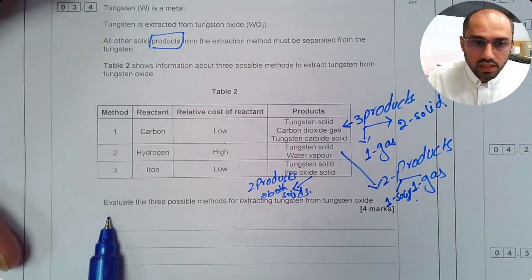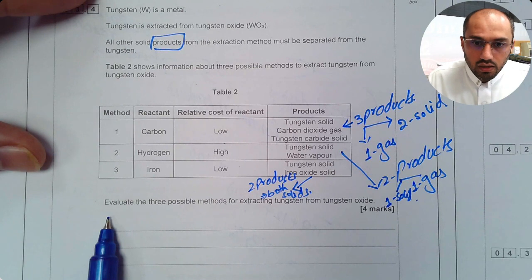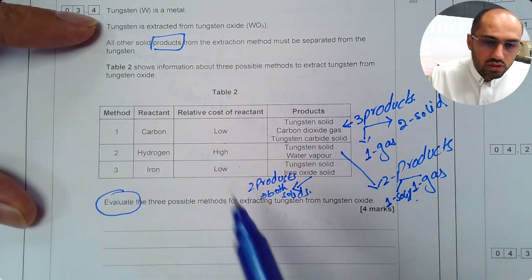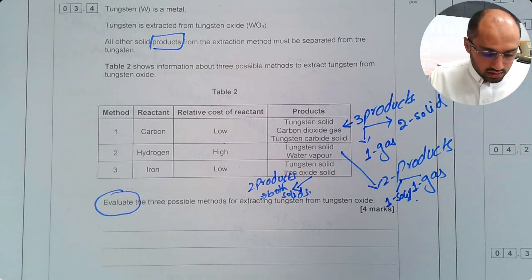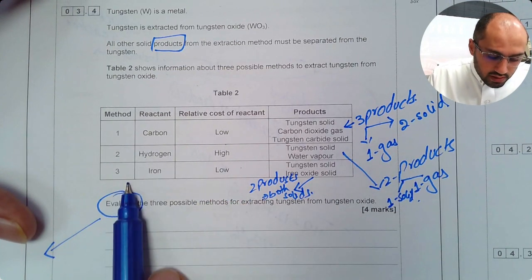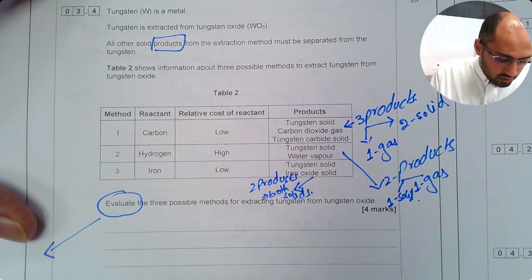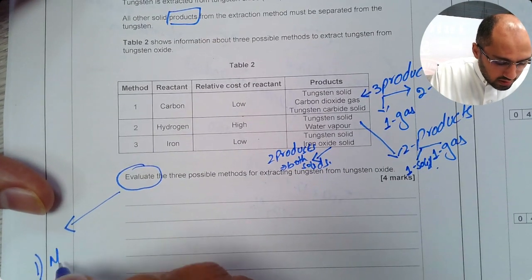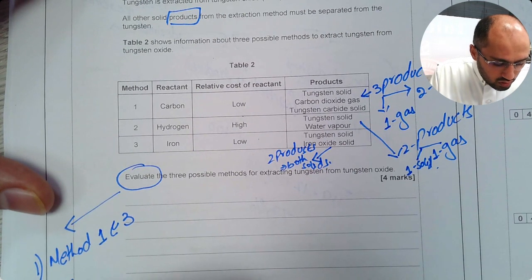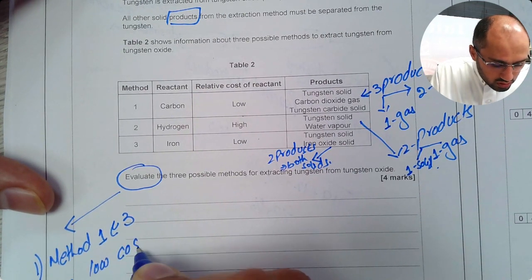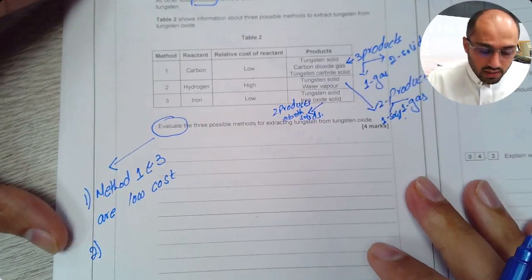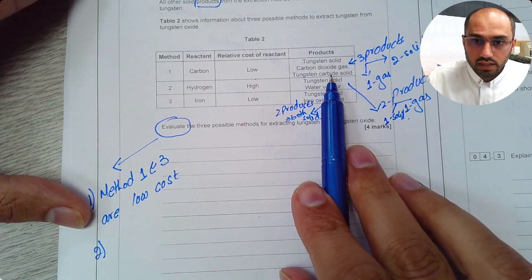The question says, evaluate 3 possible methods for extracting tungsten from tungsten oxide. When they say evaluate, you just have to describe the data given. That's it. So I can say in this case, method 1 and method 3 are both low cost methods. Number 2, if you're using method 1 and 3, then you will have to separate the solid products.